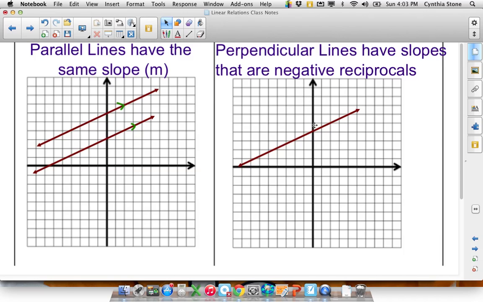Here I have a slope of 1 over 2. If I want to draw in a perpendicular slope, I'm going to do a slope of negative 2 over 1. That would give me a perpendicular slope right there.